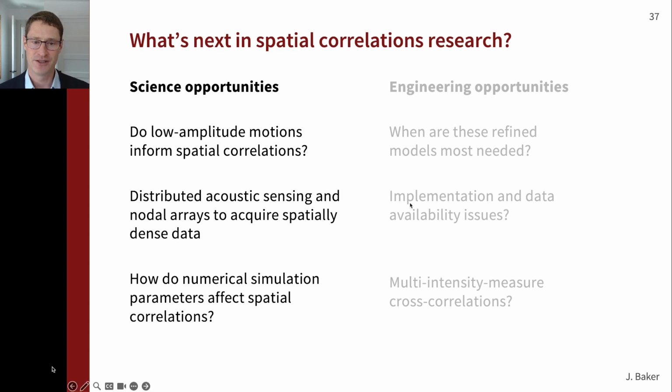The other path forward is these numerical simulations. So we talked a little bit in the talk about the CyberShake ground motions. These technologies are continuing to be refined and deployed in other parts of the world. What I think would be interesting is that the CyberShake simulations I showed you had a fixed model of the 3D crust where the wave propagation was happening through.